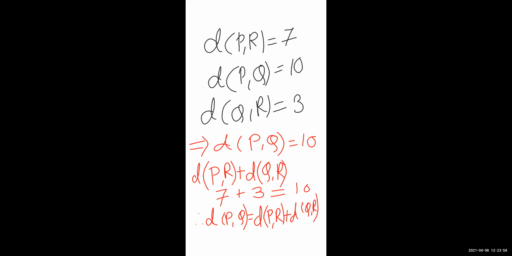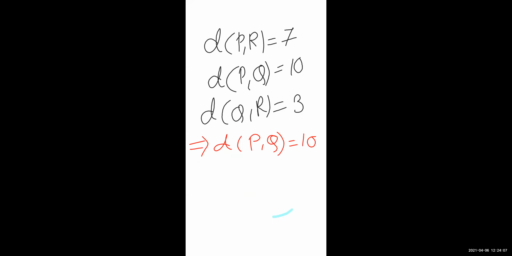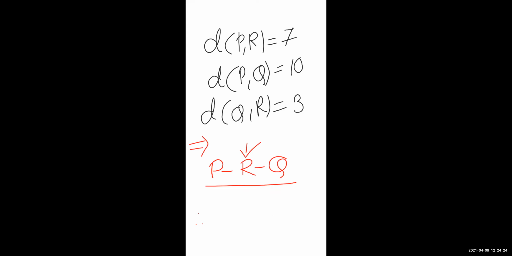Because in these two distances, R is common. So R exists in between P and Q. How will you write it down? I'm just telling you. Yes, very good. P-R-Q. In this way, we can mention that R is in between P and Q.